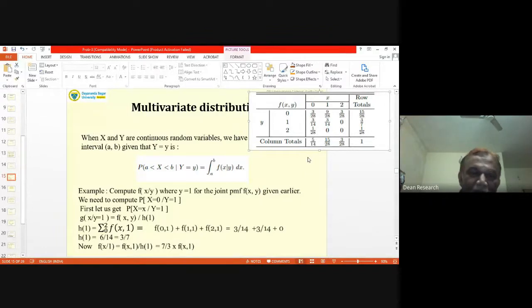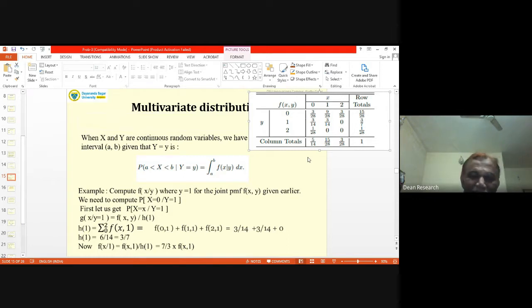With this, now we can compute the probability that x equal to small x given y is equal to 1. Then you substitute small x equal to 0. You get the conditional probability whatever has been asked for: x equal to 0 given y is equal to 1. Now go to this. I have given the formula for g of x given y is equal to 1, which is f of x comma y divided by h of 1, which is by the definition which you know.